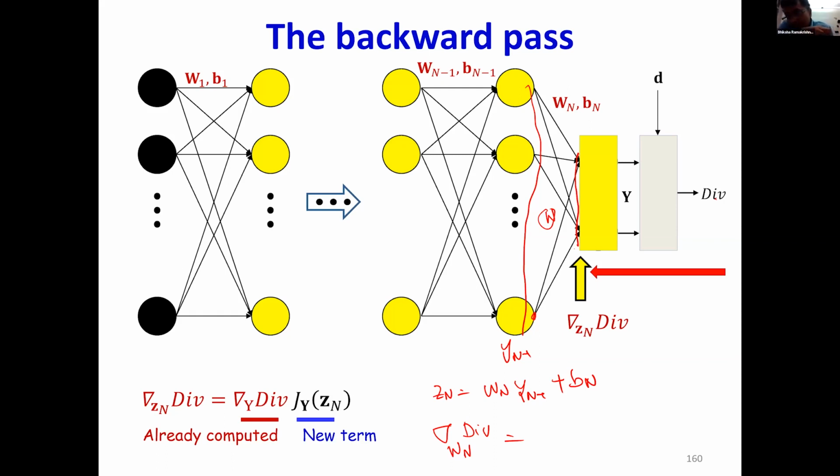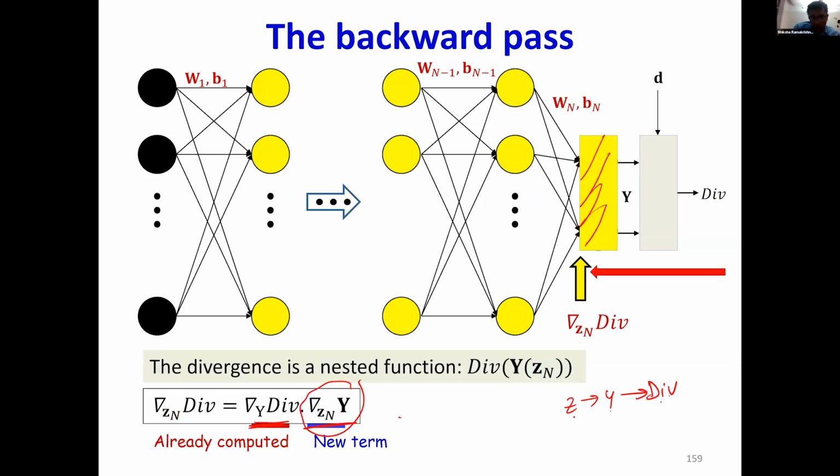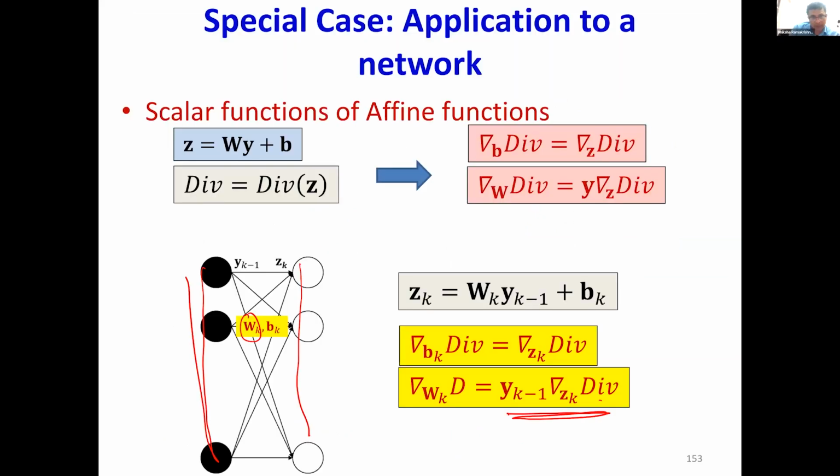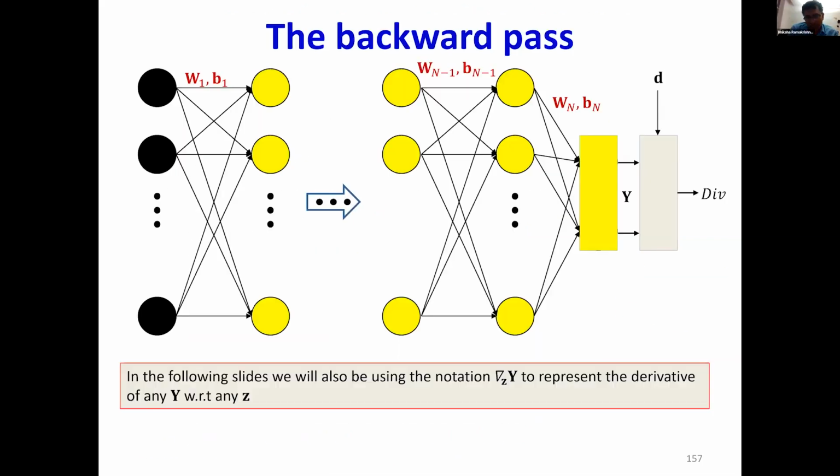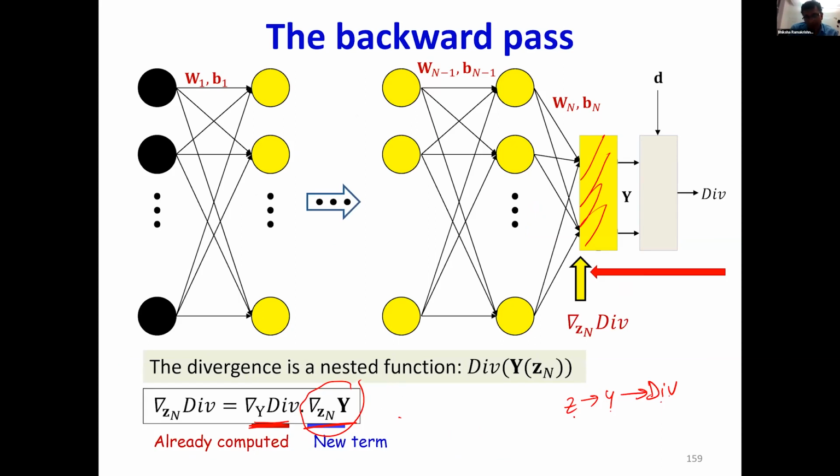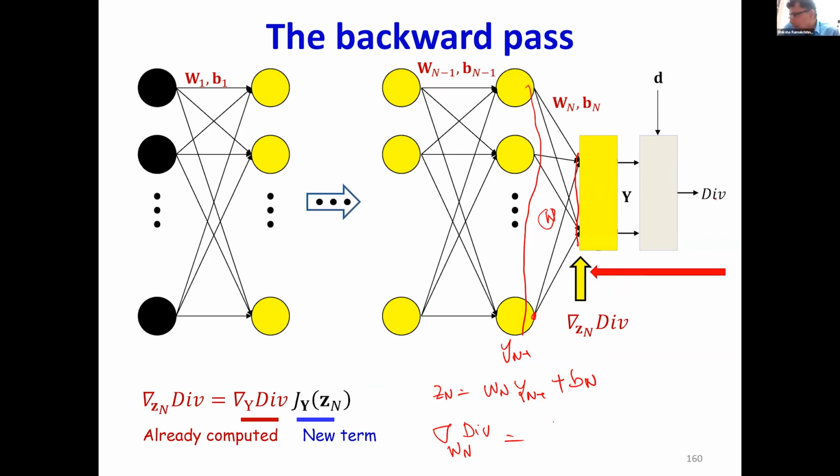So, Kevin, will the size match if you did it that way? We saw this earlier, right? How did we do this? What was this rule? Y times the derivative of the divergence with respect to z, right? And so this is going to be simply over here the derivative of the divergence with respect to Wn is Yn minus 1 times the derivative of the divergence with respect to Zn.